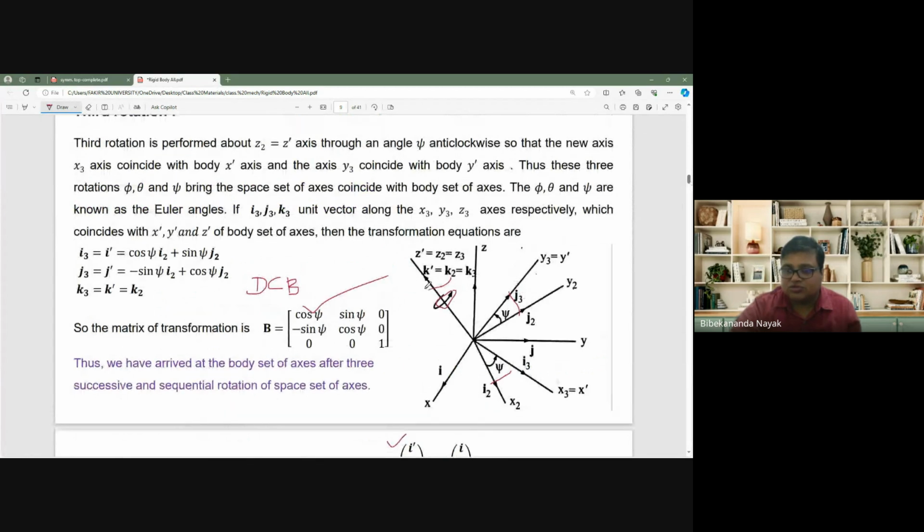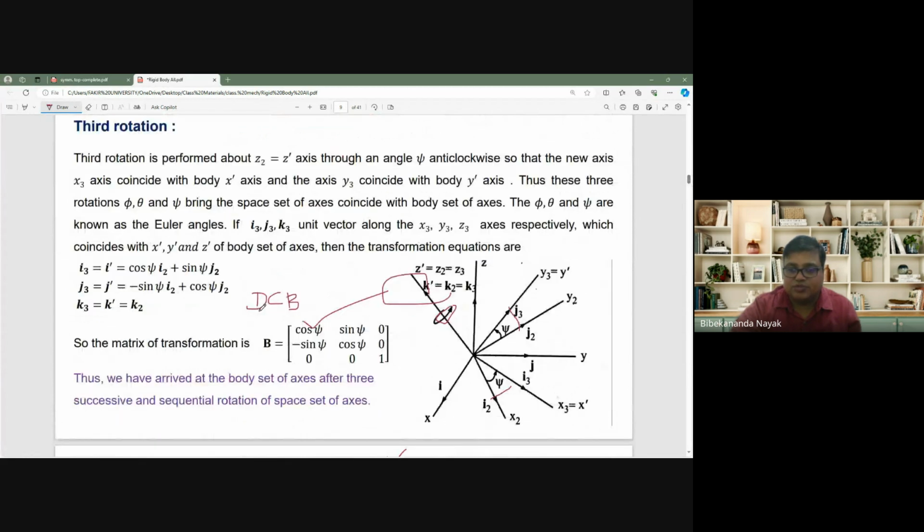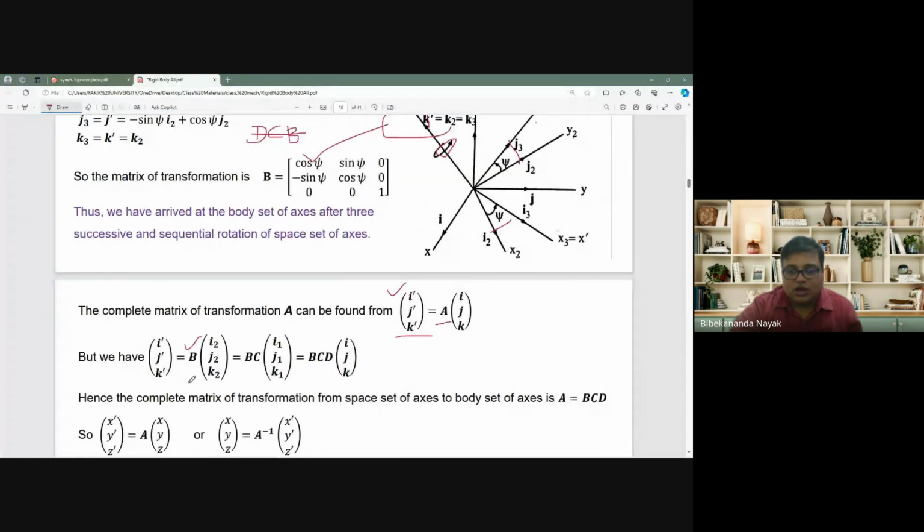How is that obtained? By performing B on i2, j2, k2. But how are i2, j2, k2 achieved? By performing C on i1, j1, k1. How are i1, j1, k1 achieved? By performing D on i, j, k.